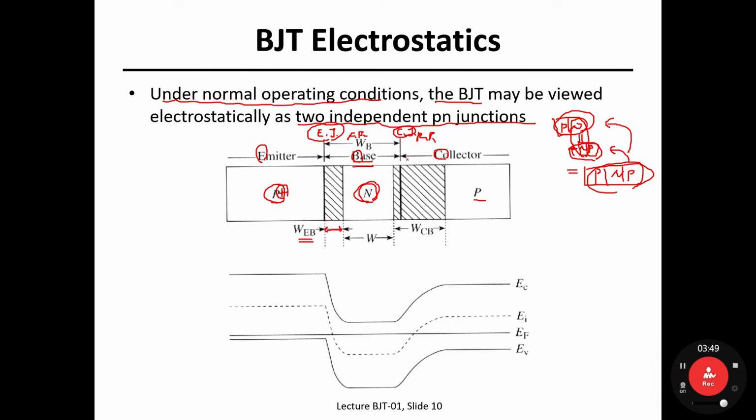Let's take a look at the collector junction side. Here you can see the shaded area, and now the N side and P side are relatively more evenly balanced in terms of doping concentration, so across the base collector PN junction, part of the depletion layer is formed in the P side, the collector side, and the other part is formed in the base side.